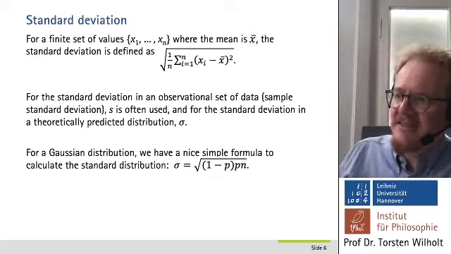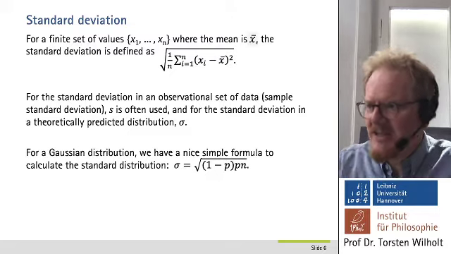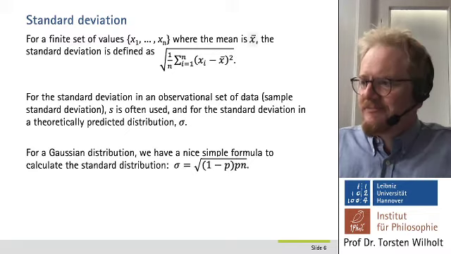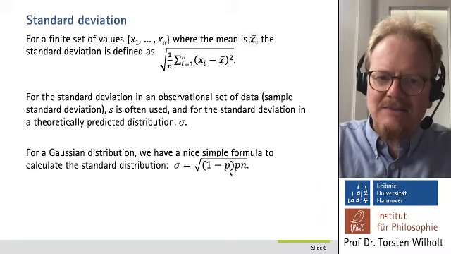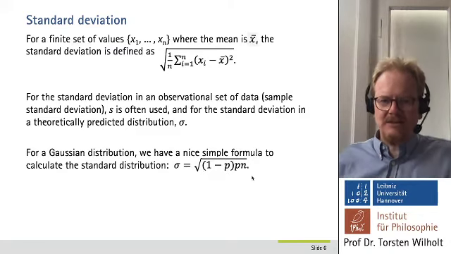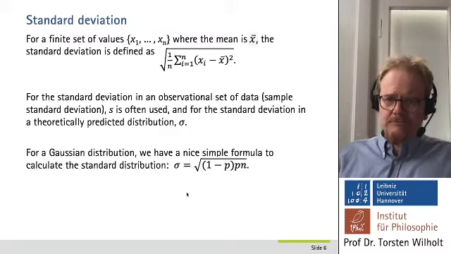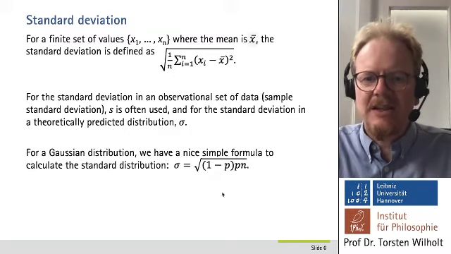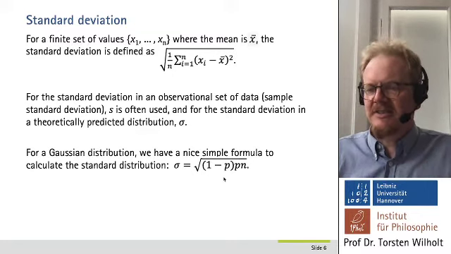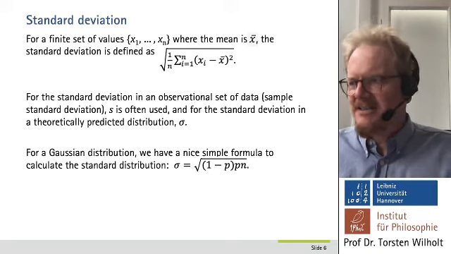And when we have this nice normal distribution, a Gaussian distribution, which we know is characterized by a certain function, characterized by just two parameters, we have a simple formula to calculate the standard deviation from just the very basic values that we have, namely the number of trials and the probability of getting a result in each trial.